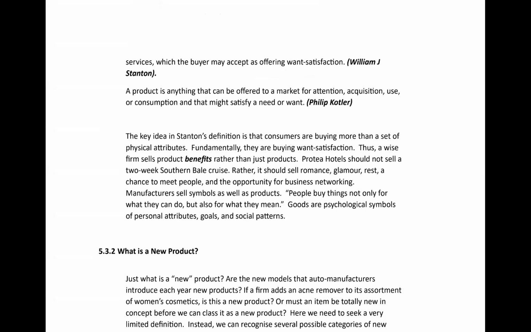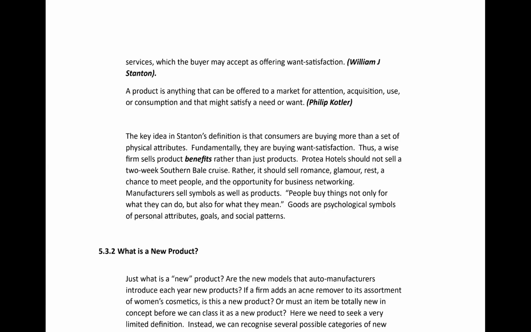But again, interestingly enough, even Philip Kotler did not keep quiet. He also defined the product as anything that can be offered to a market for attention, acquisition, use, or consumption, and that might satisfy a need or a want.